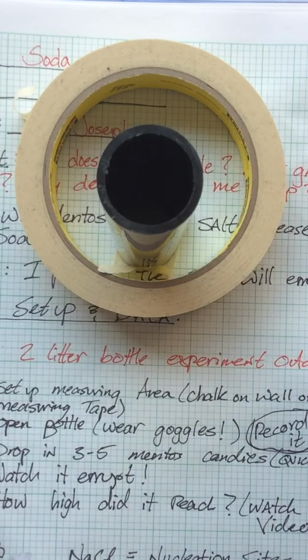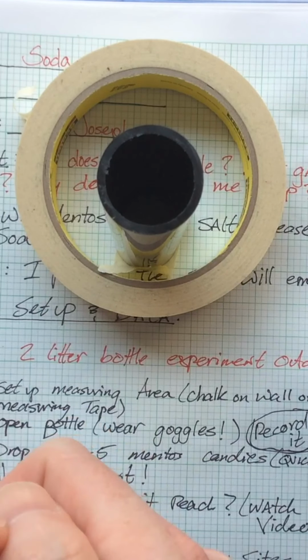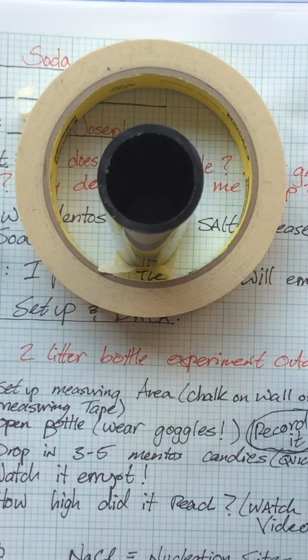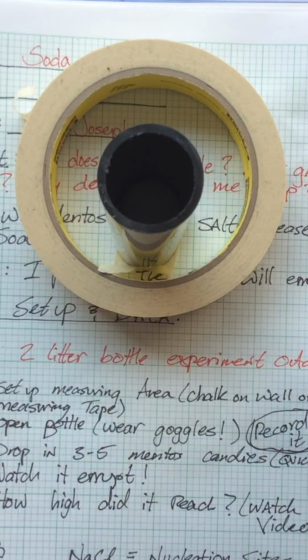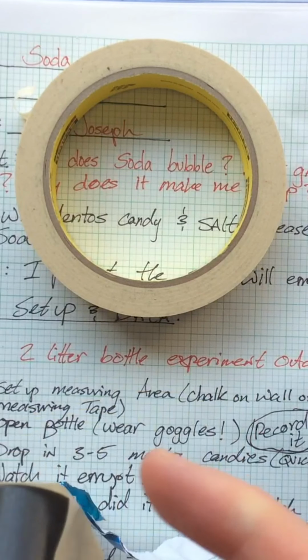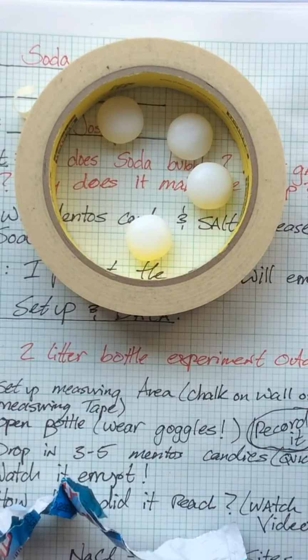So I'm going to go ahead and fill this one up so that we will have a full chamber of mints for our experiment. There we go, and notice they stay in place, but when I remove the tape, they fly out and then will fall directly into that 2-liter container for the soda geyser. So let's head out and let's set up our experiment outdoors and see how high our soda geyser can spew.